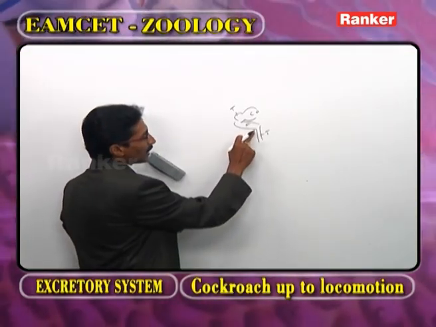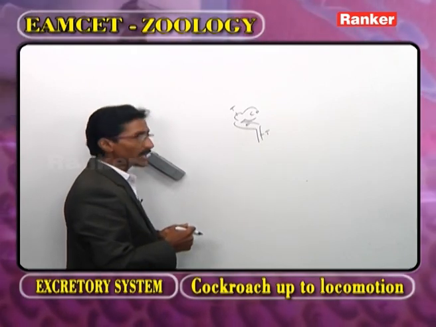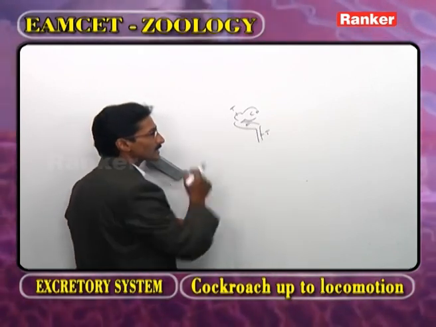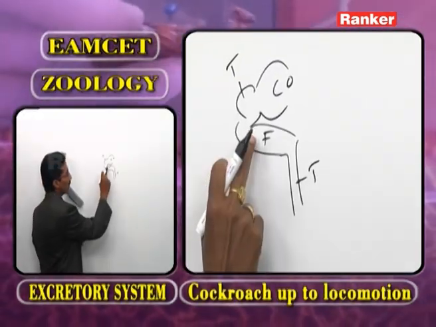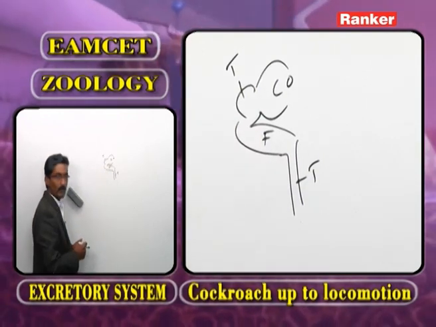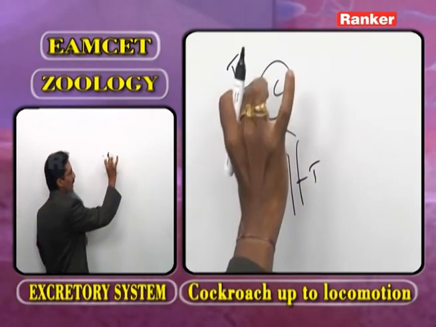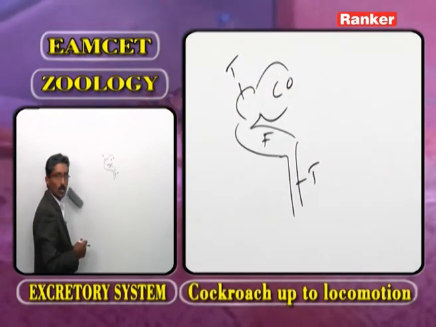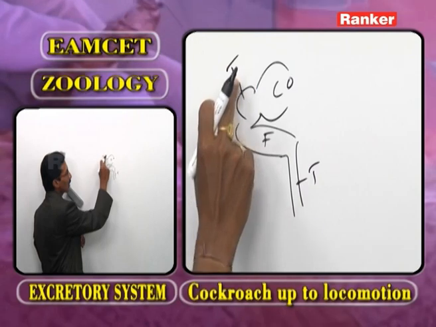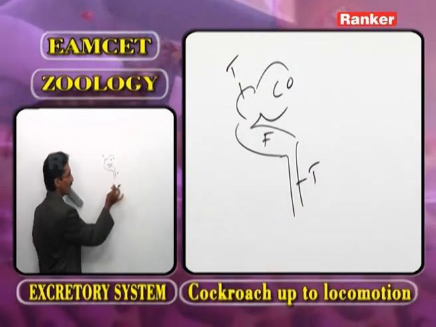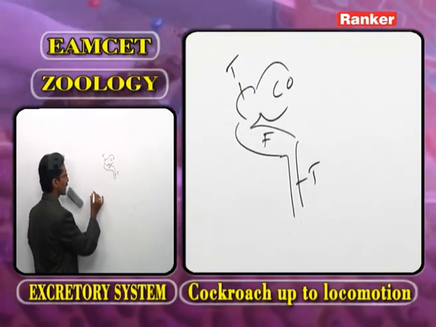What is the longest segment? Tibia. What is the thinnest segment? Tibia. What is the strongest? Femur. What is the horizontal segment? Femur. What is the broad and muscular? Coxa. What is the triangular smallest? Trochanter.